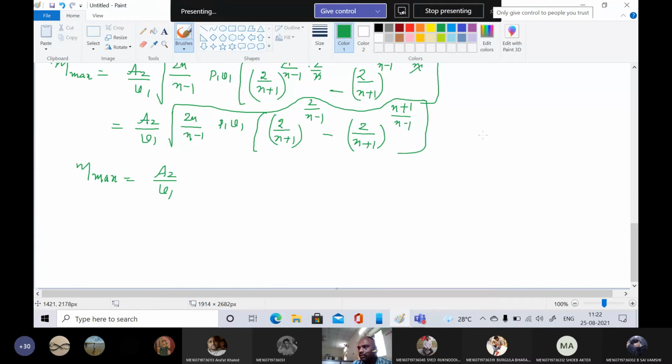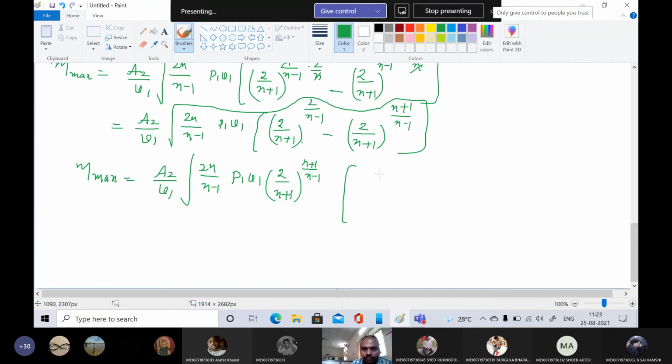Under root 2n/(n-1) is there, P1V1 is there. Now from these terms, which term can we take common? I am taking the second term common completely, (2/(n+1))^((n+1)/(n-1)).